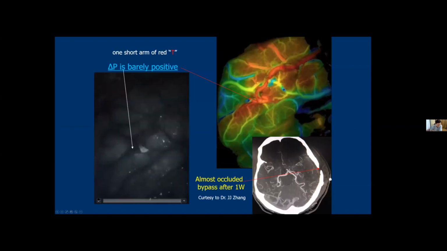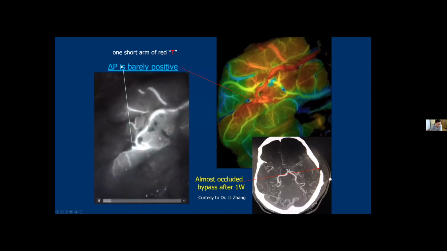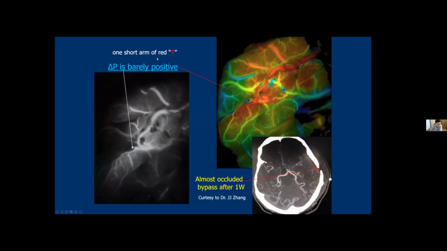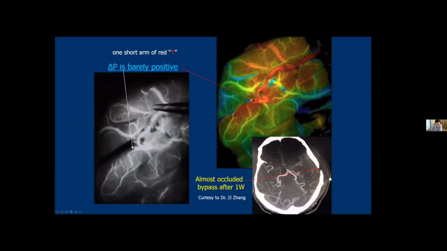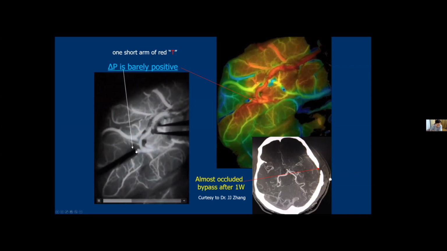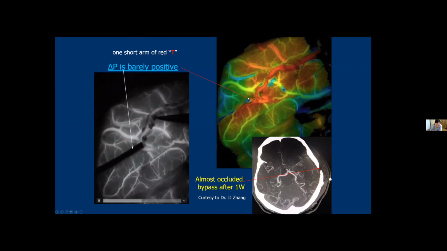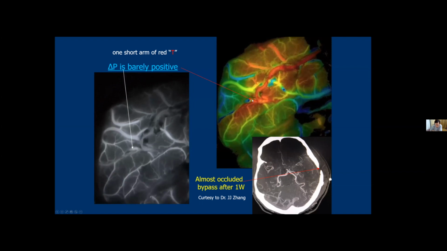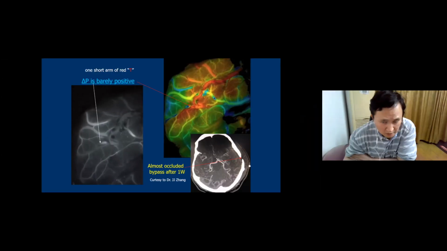But sometimes we can see one short arm of the red T. We can see the pressure balance point is located on this side, so delta P is barely positive.